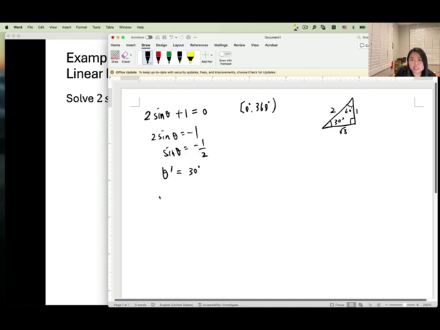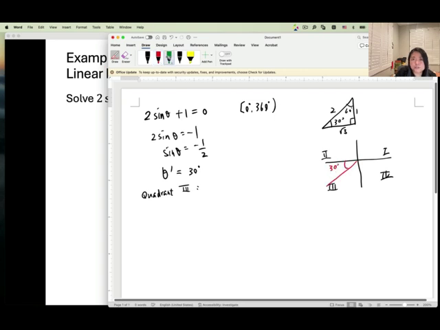Now sine theta equals negative 1/2. The negative sign here tells us which quadrants theta will be in. Sine is negative, so that will be quadrant 3 and quadrant 4. First, I'm going to work on quadrant 3. Remember that the reference angle in quadrant 3 will be here, 30 degrees.